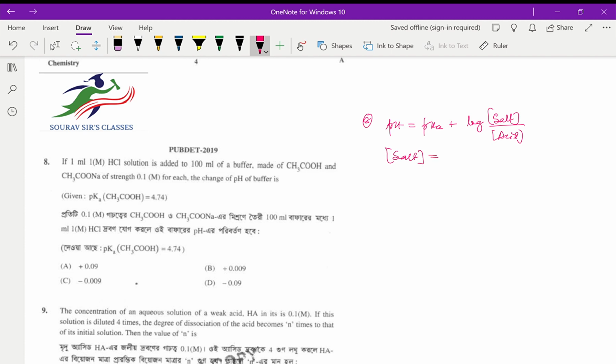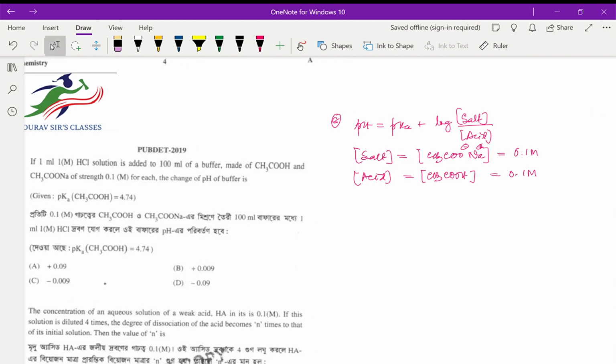Which is nothing but CH3COONa, and that is equal to 0.1 M. What is that of the acid that is given to us? That is CH3COOH, and that too is 0.1 M. So we can say that the concentration of the salt is equal to the concentration of the acid.